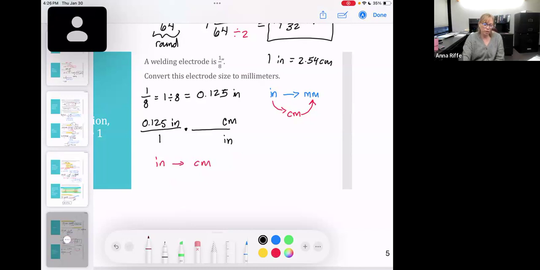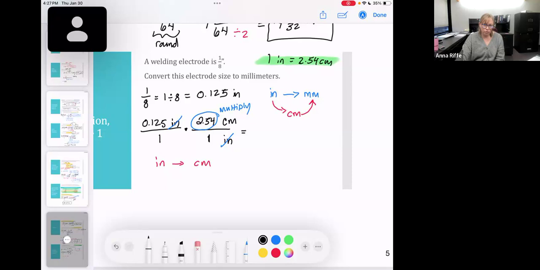I have to put the number that goes with inches, 1 by that inches unit, and then 2.54 by that centimeters unit using that conversion factor. All right. And now I can note that 2.54 is in the numerator, so I'm going to multiply in order to get that unit of centimeters, which remains.